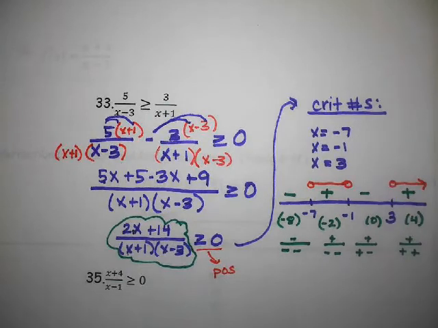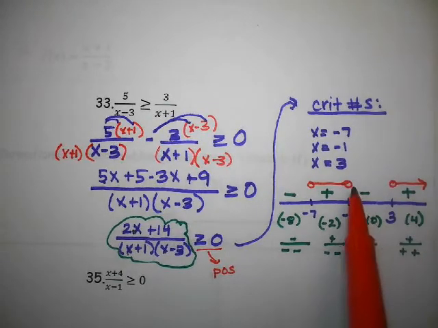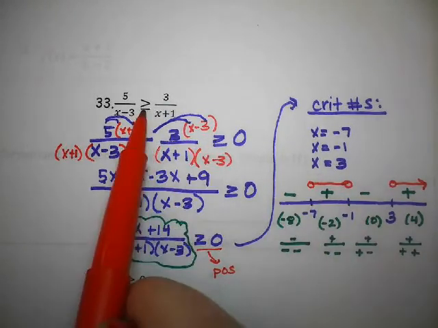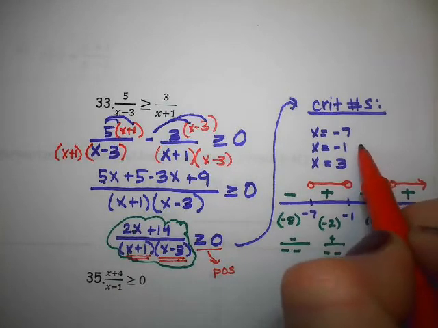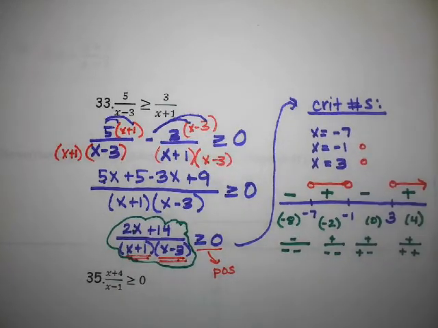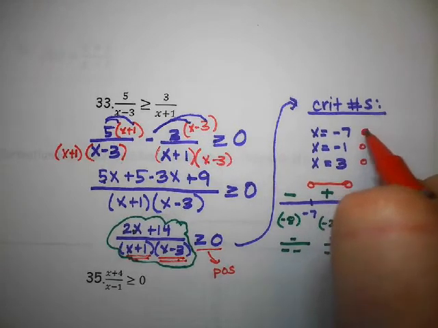Last thing I need to do is to decide if I should close these circles in. Well, there is an or equal to sign, so I do have to consider closing things in. But remember, anything that came from the bottom, negative 1 and 3, have to be open circles. Anything that came from the numerator, we're allowed to close in.